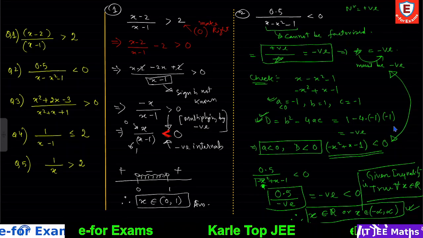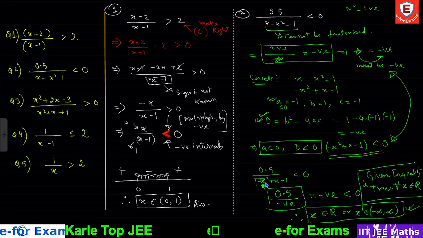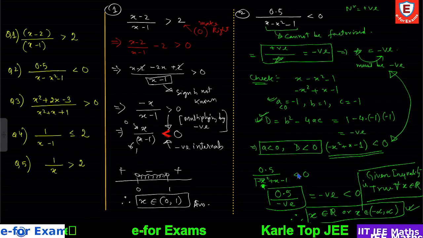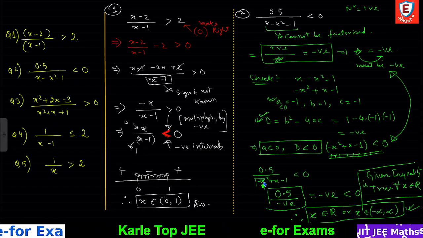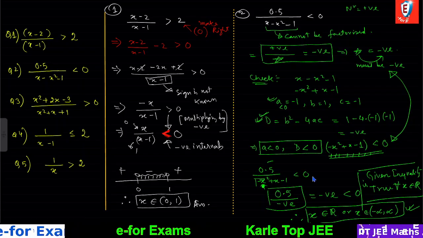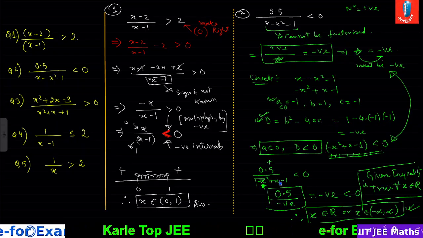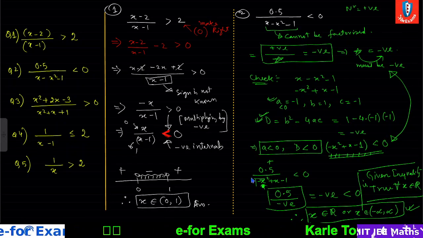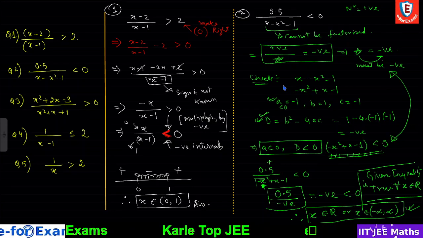So in sync with this other. 0.5 is positive, this is positive divided by negative, so the whole thing becomes negative. And the question also says the whole thing is less than 0, which is true. Therefore, for all values of x, the denominator is always negative. So positive by negative equals negative, so less than 0, which is true. Therefore, for all values of x, the given inequality is true.